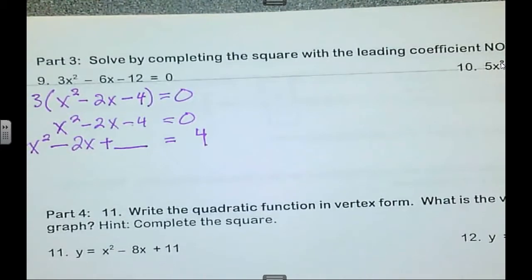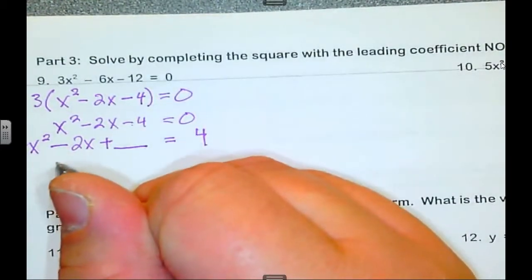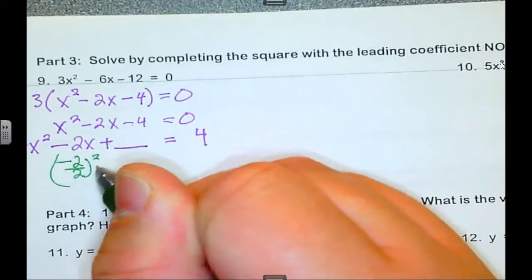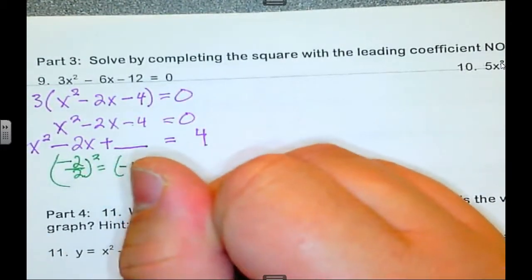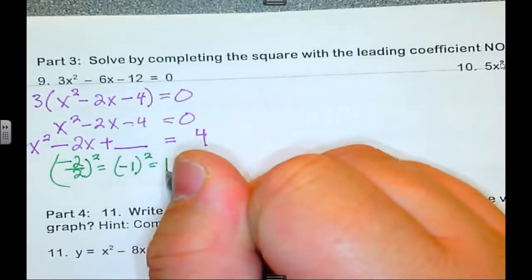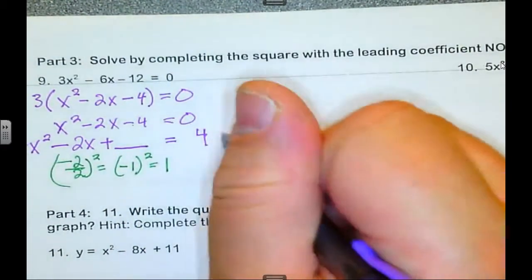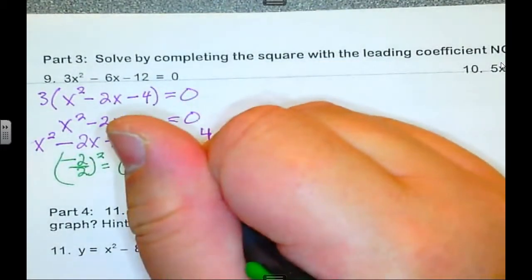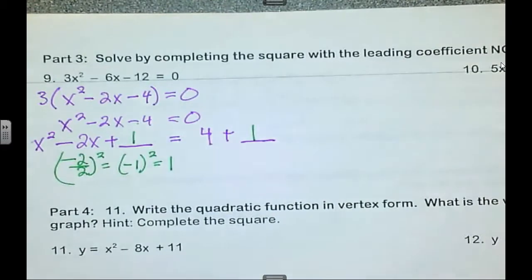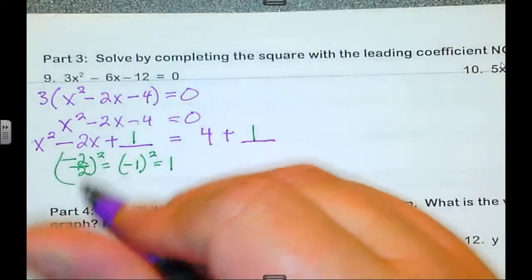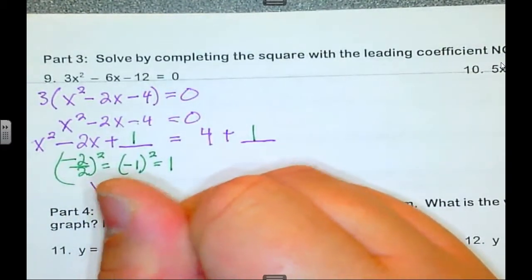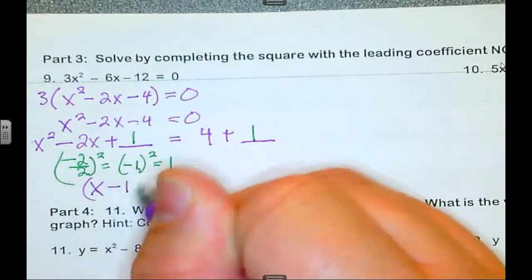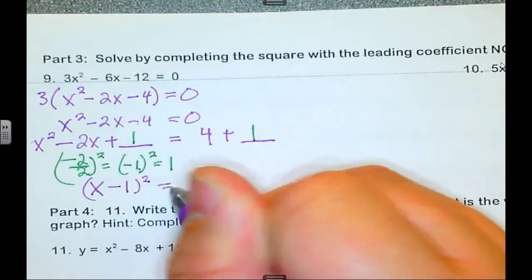I'm going to take half of b, square it, gives me negative 1 squared, which is 1. Oops, forgot my blank. So I'm going to add 1 to both sides. So I get x, my base is minus 1, squared equals 5.